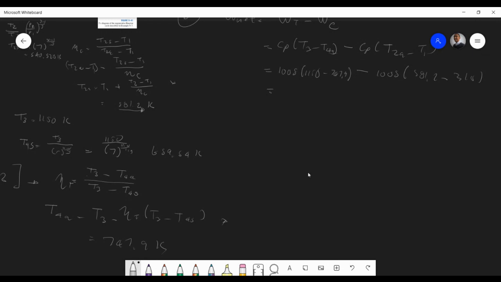I'm just going to find out each one, and you guys can give me the final result there. 404.1105 kilojoules per kilogram. I'm not going to include the kilogram part. Obviously, we know it's going to be kilojoules per kilogram, otherwise it's going to take up space there. 581.2 minus 310.